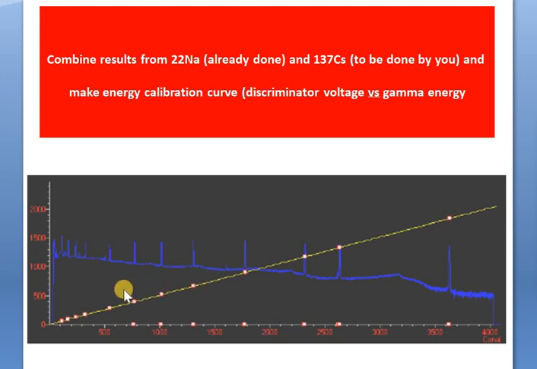After doing this, if you have any other gamma ray, suppose I have got a 1.2 MeV gamma ray, what will be the corresponding discriminator voltage? Then you can find it out from this plot. Okay.